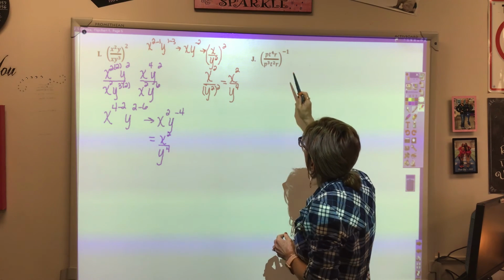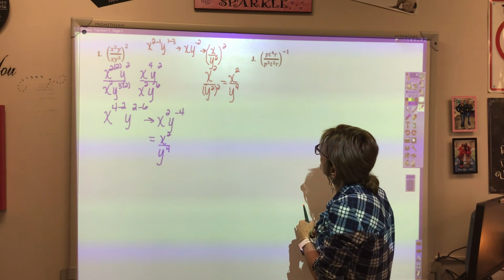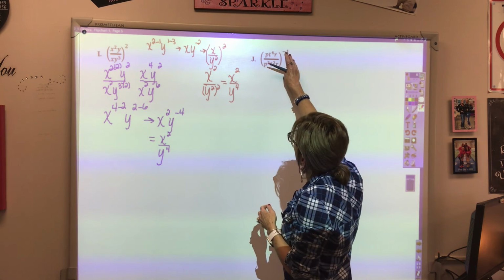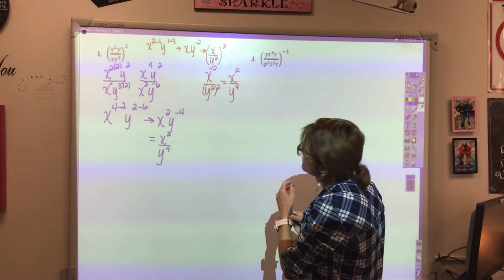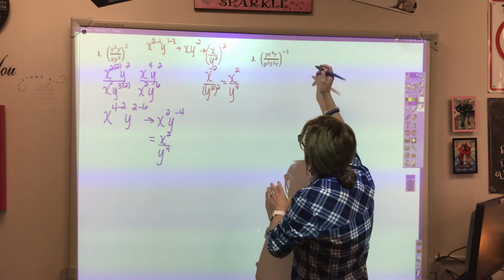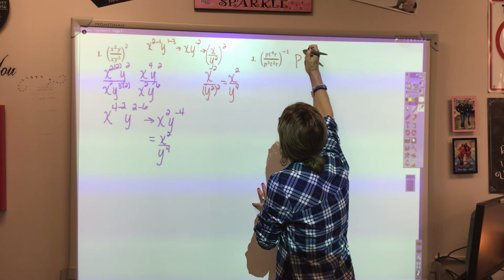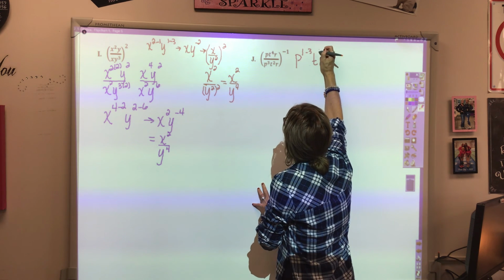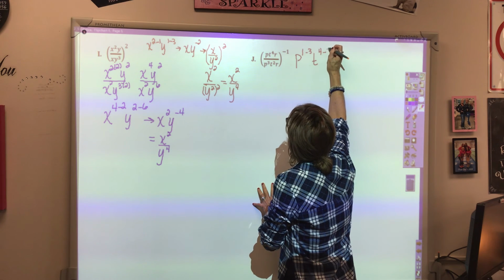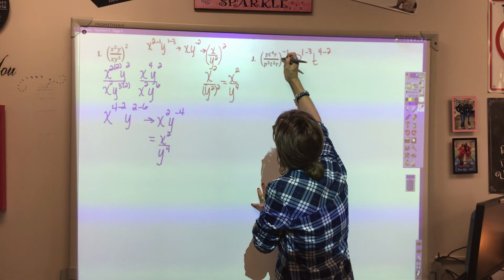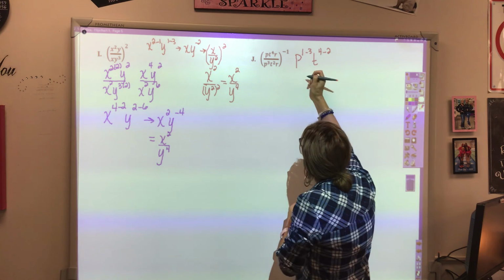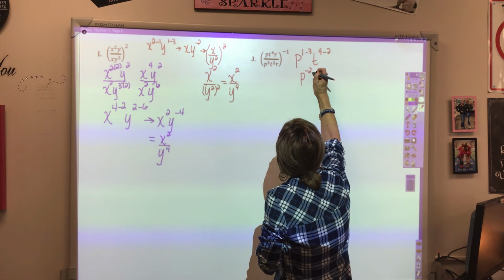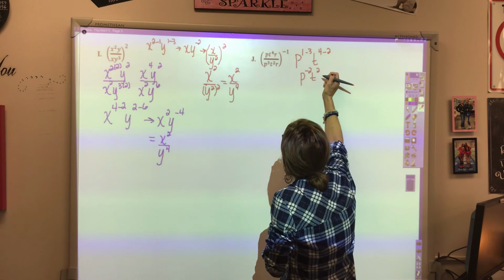I believe that on the last one, what I'm going to do first is ignore the power, and I'm going to simplify within the parentheses. So I'll have p to the 1 minus 3, t to the 4 minus 2. Notice that the r's cancel. So this would give me p to the negative 2, t squared.